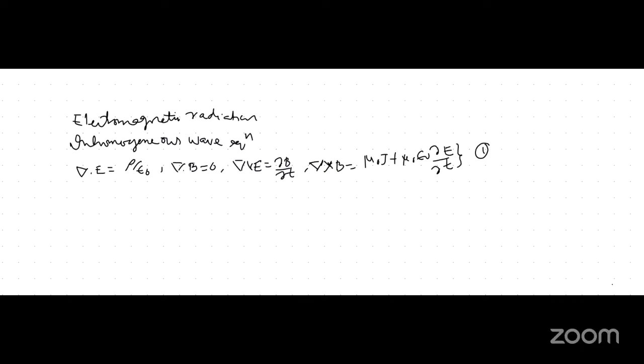With the help of these two, we can write B equals del cross A. And also we know another equation, E equals minus del phi minus dou A by dou T. So these are the two equations which we are introducing; the second and third Maxwell's equations are identically satisfied by introducing the potentials, the vector potential A and the scalar potential phi.